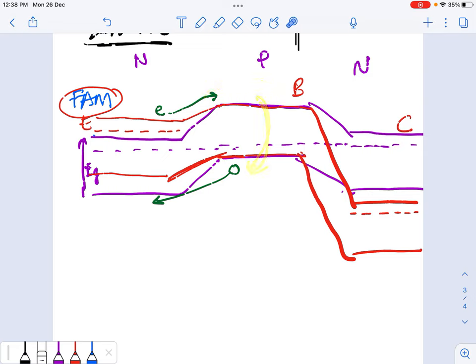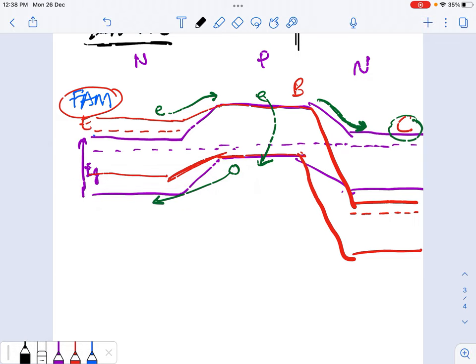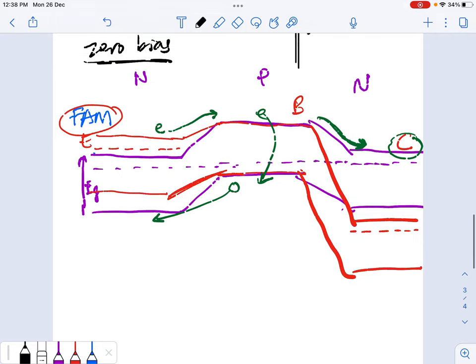Most of them will just drift and be collected at the collector side, and some of the electrons will recombine with holes at the base. So that's how the BJT works in forward active mode.